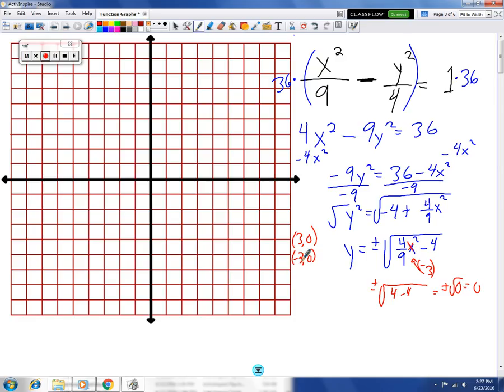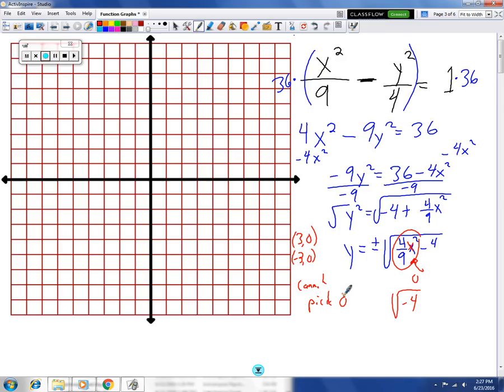I really struggle to pick another x that would be nice to work with. If I try to pick something like 0, which I would do with an ellipse, this part becomes 0, but unfortunately I have the square root of a negative 4. So I can't pick 0. In fact, I can't pick anything between negative 3 and positive 3.